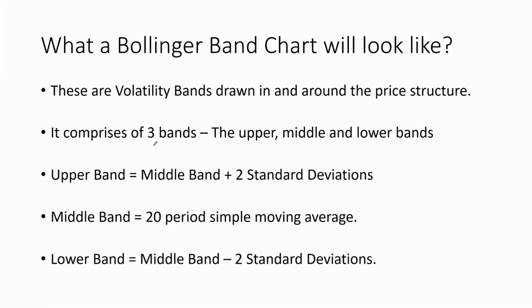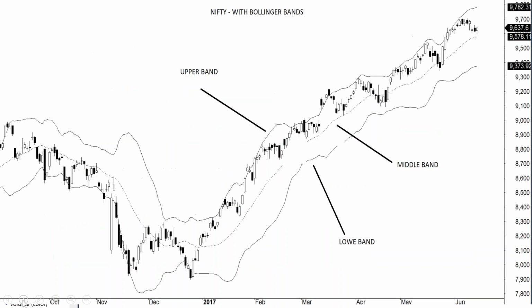It comprises three bands, as we saw: the upper band, the middle band, and the lower band. The middle band is the 20 SMA. The upper band is equal to the middle band plus 2 standard deviations, as we have discussed before, and the lower band is the middle band minus 2 standard deviations. So it's a very simple setup, a very simple calculation, nothing complex.